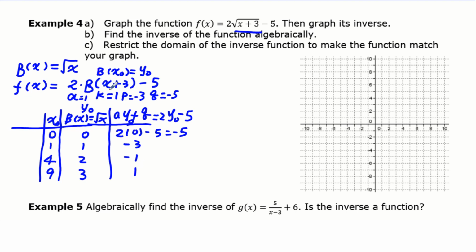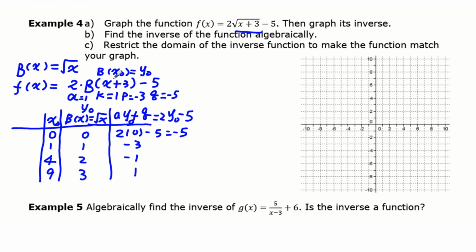Then for the x, x plus 3 equals x0, so x equals x0 minus 3. This is from x divided by k plus p. So all these x values take away 3. 0 minus 3 is -3, 1 minus 3 is -2, 4 minus 3 is 1, 9 minus 3 is 6.